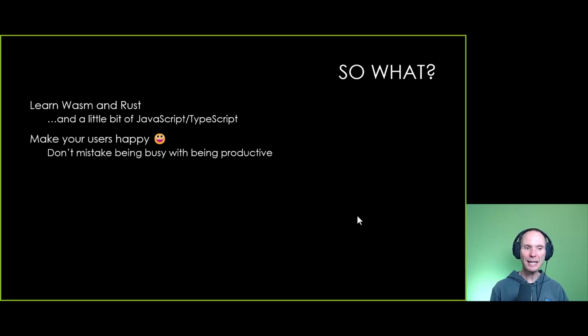The second thing is make your users happy by being more productive. Many teams mistake being busy with being productive. Being busy building complex cloud infrastructures and CI/CD systems and things like that isn't being productive from an end user's point of view.